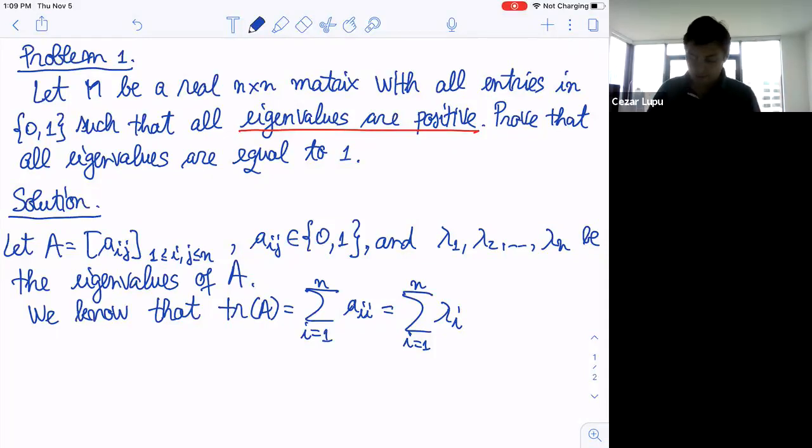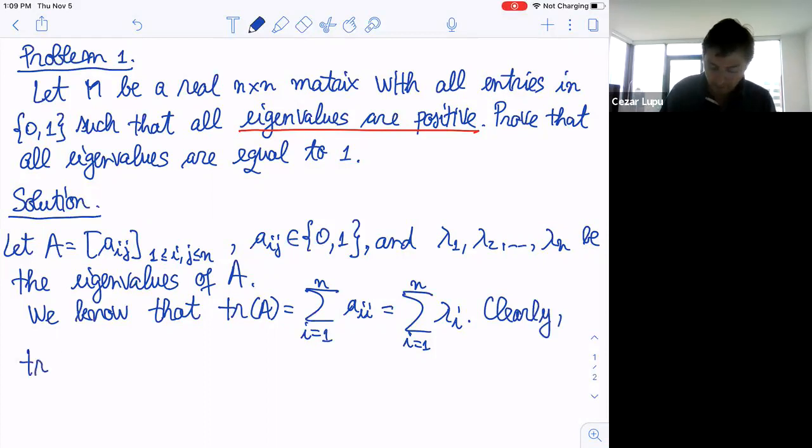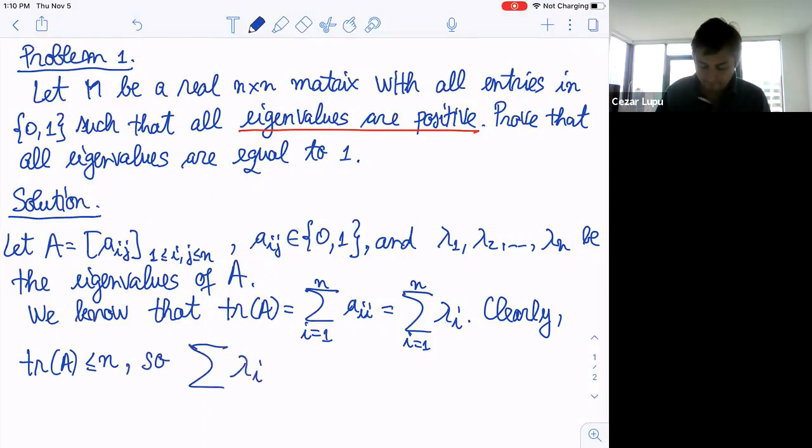So clearly the trace of A is less than or equal to n, so the sum of the eigenvalues is less than or equal to n, because that's the trace.